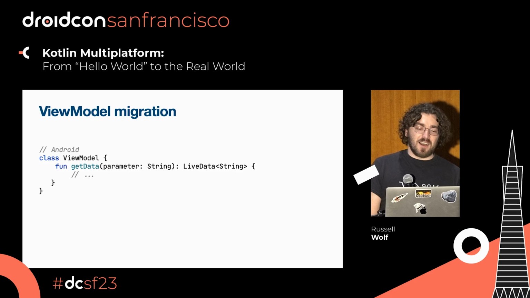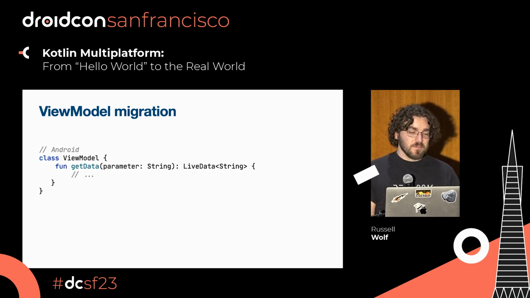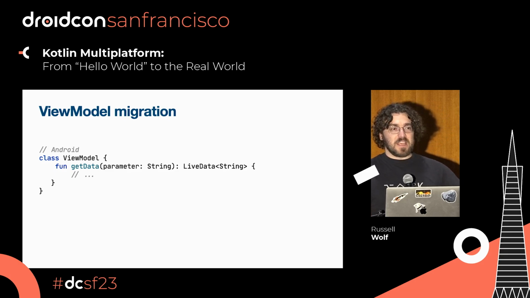One was taking a view model that lived in an Android app and converting it to have a shared view model layer that could also be exposed to iOS. The screens at the time were all still using LiveData, and they didn't want to heavily refactor all of the UI, so we wanted to just target the view model layer to make changes.